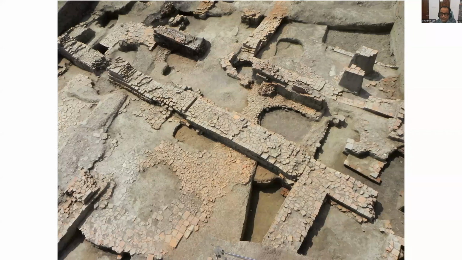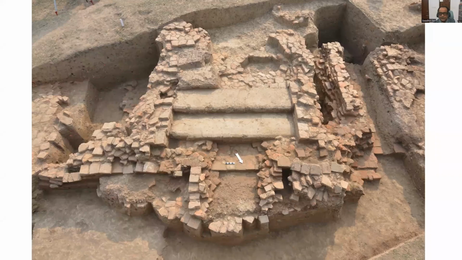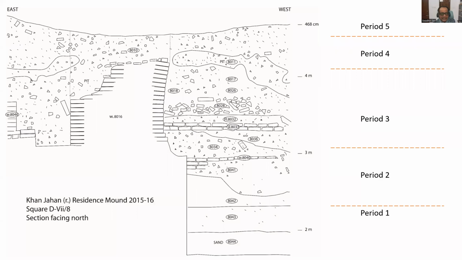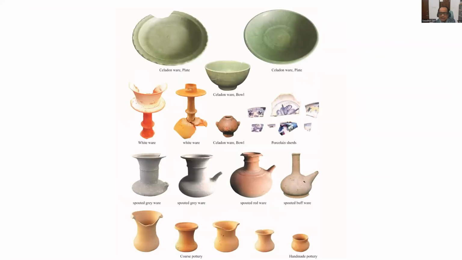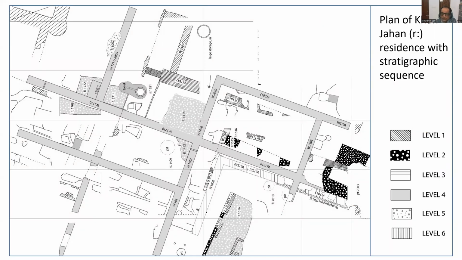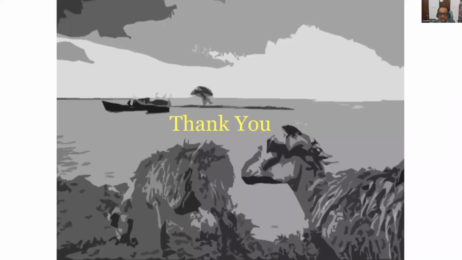And I will show some photographs of the excavation of this residential mound, some sections and periodization, some of the potteries, and this is the composite plan drawing, the horizontal understanding of the excavated space and different periods. These are some of the understanding.